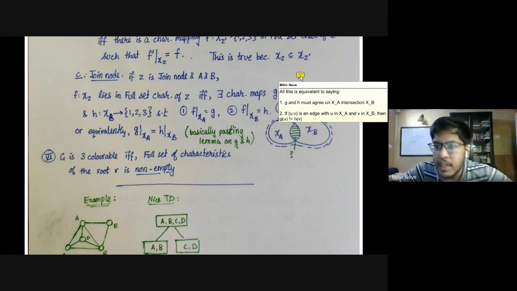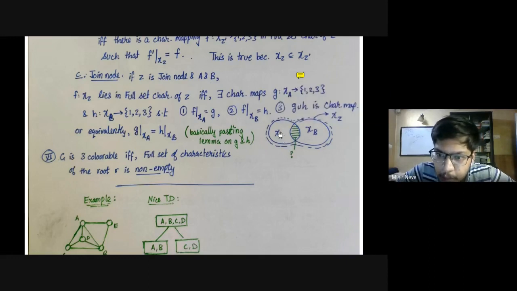And the second condition is that, suppose I have a vertex u here and a vertex v here and I join u to v, then it is possible that u and v have the same color. I want to prevent that.